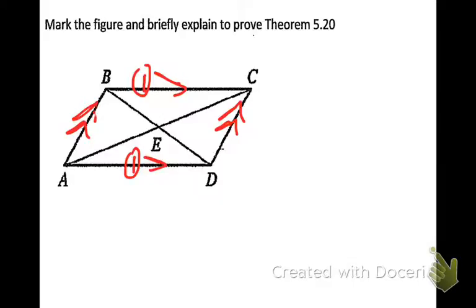That's true, but that's not where I'm going with this. We're trying to show that the diagonals bisect each other. How about rather than using that, let's use AIA to say that this angle is congruent to this, right? And we could also use AIA to say these two angles are congruent.